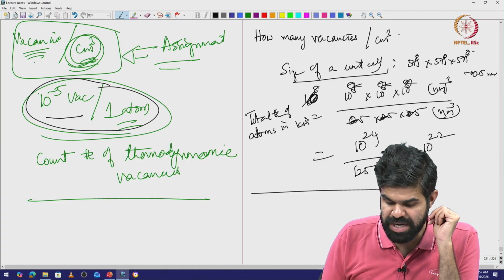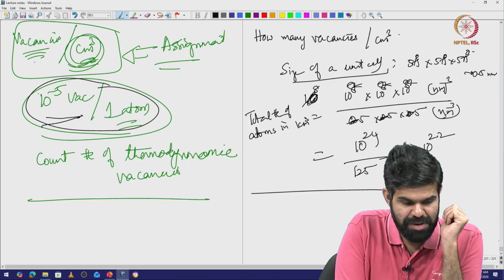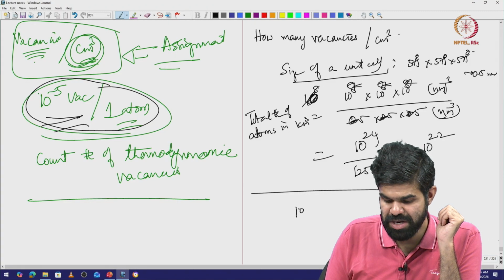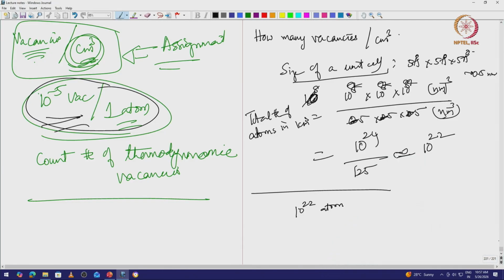Now 10 power 22, for every 1 atom I have 10 power minus 5 vacancies. So I have 10 power 22 atoms times 10 power minus 5, that is 10 power 17 vacancies per centimeter cube, right. So this is the vacancy concentration.